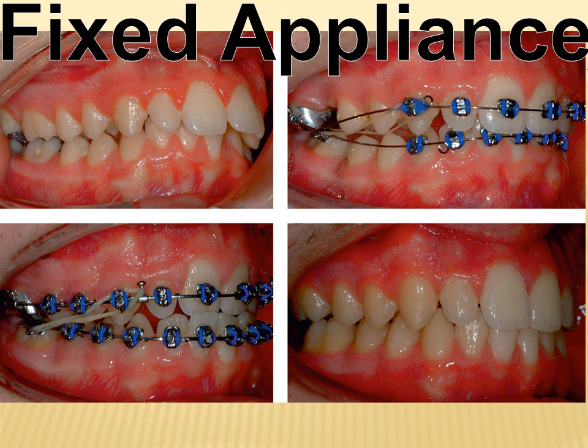So at the end of treatment we can see that the patient has a class 1 relation of the dentition: the incisors are class 1, the canine is class 1, and the molars are also class 1. But when we take a lateral cephalometric at the end of treatment for such a patient, we can see that the ANB angle remains mildly increased, more than 4 degrees.